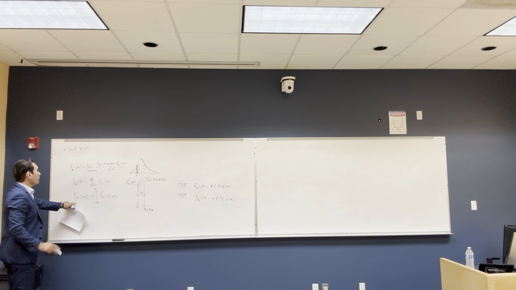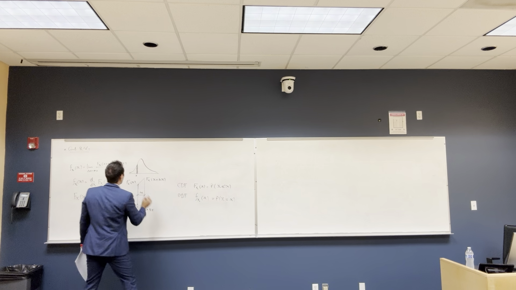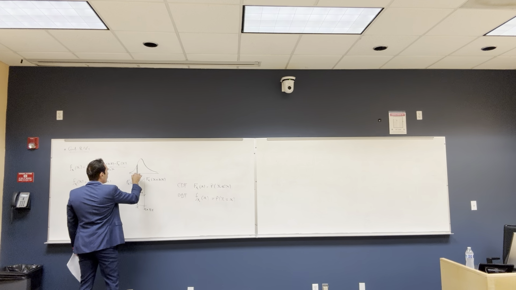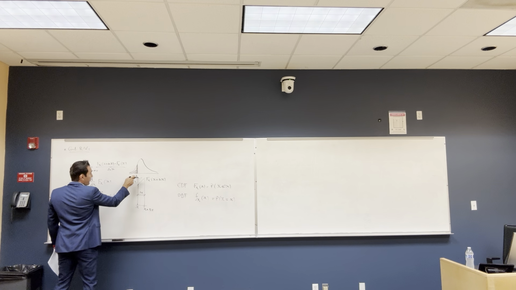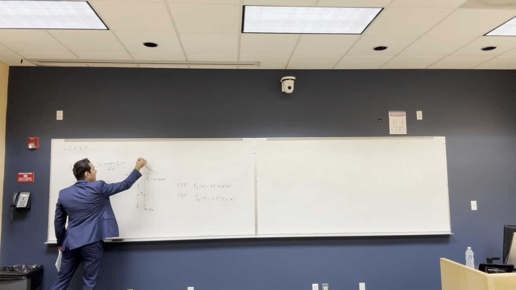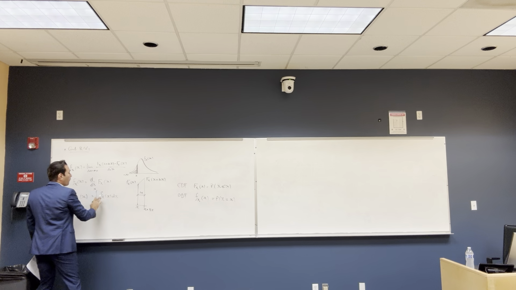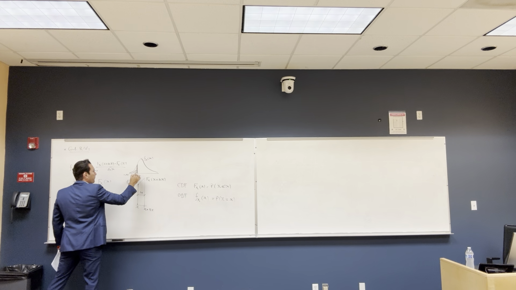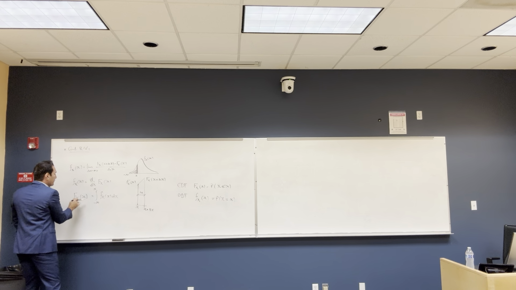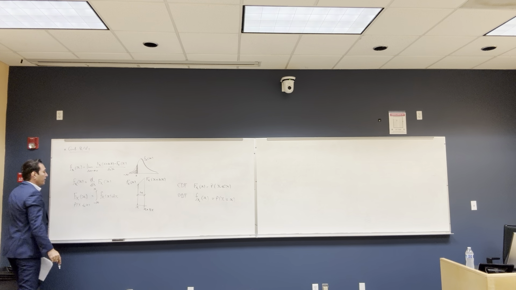If you are looking for the probability of X being less than x, let's say this is my x, I'm looking for my random variable to be between negative infinity and x, so you have to integrate this function over this curve from negative infinity to x so that you can get the probability of X being less than or equal to x.